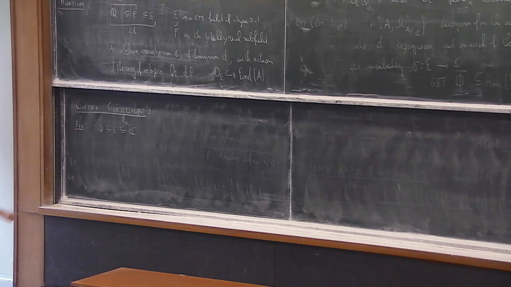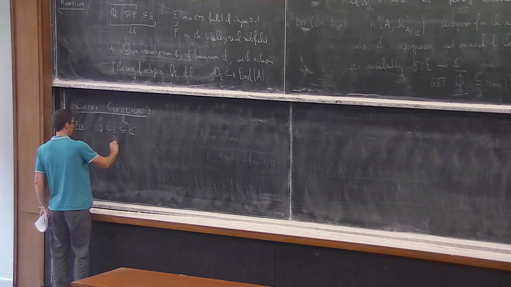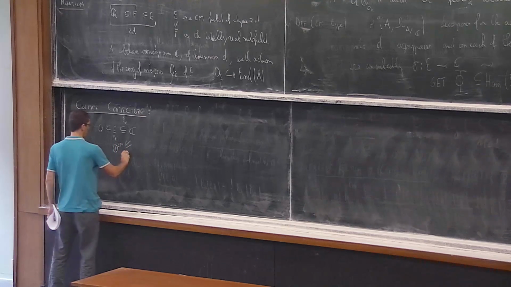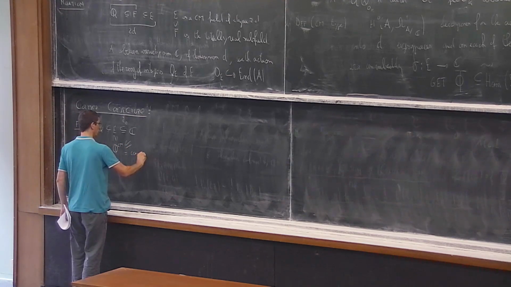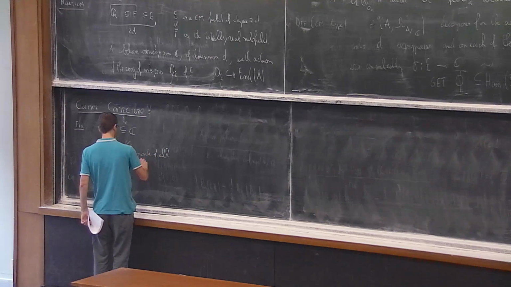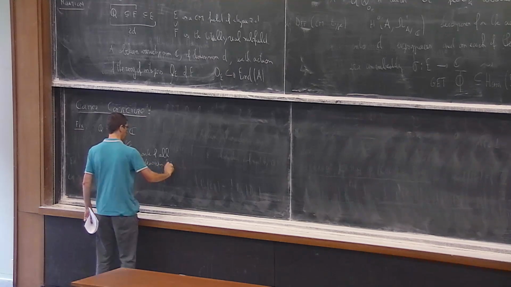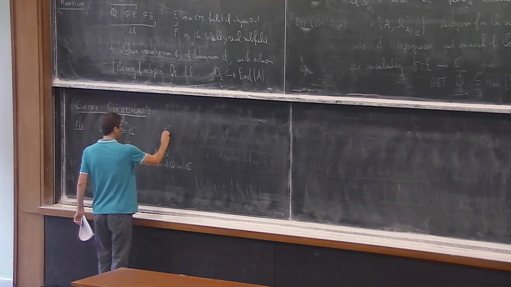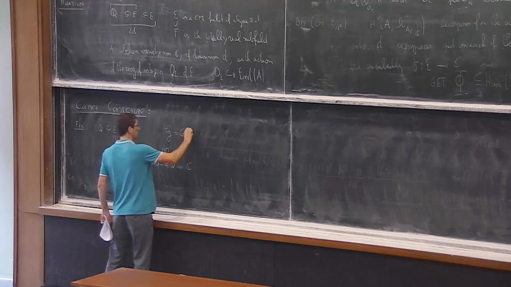So it's one of the embeddings that already appeared. And we also let Q^CM be the composite of all CM extensions of Q in C. We'll let calligraphic G be the Galois group.